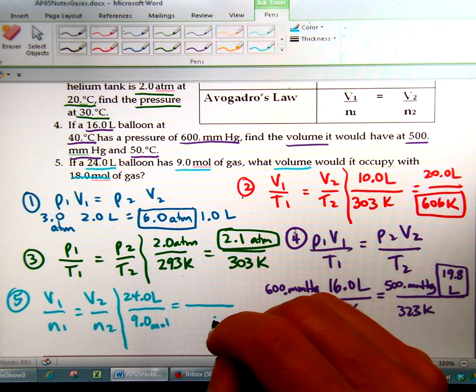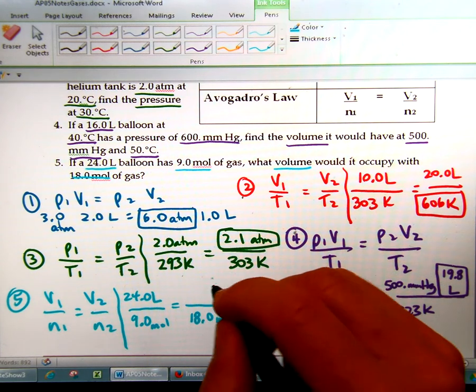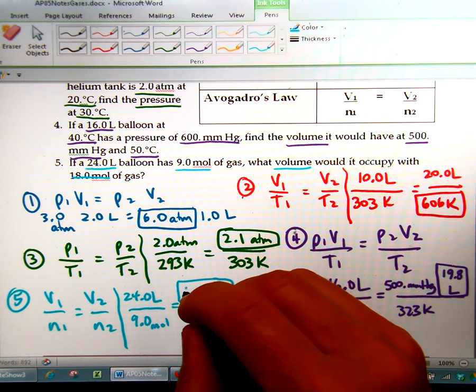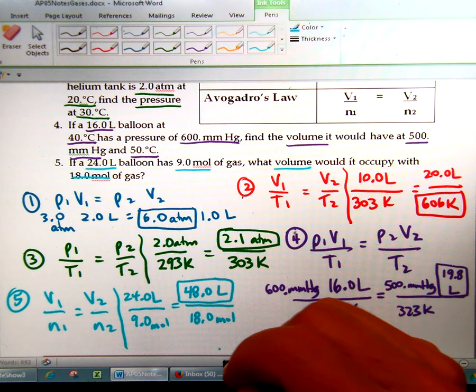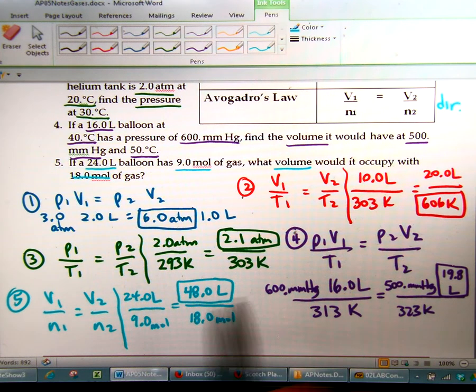And then you're going to have 18 moles down here. And you're going to solve for volume, which you shouldn't need a calculator for. It's going to be doubled, 48.0 liters. Again, this makes sense that this is a direct relationship because the more moles you have, the more volume you're going to need for a balloon, let's say.